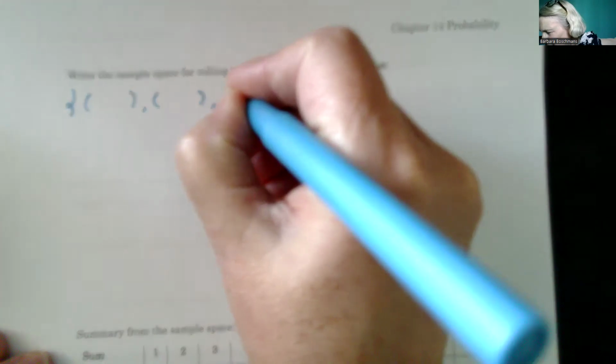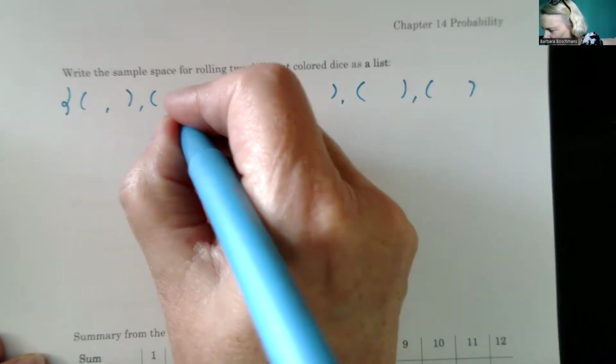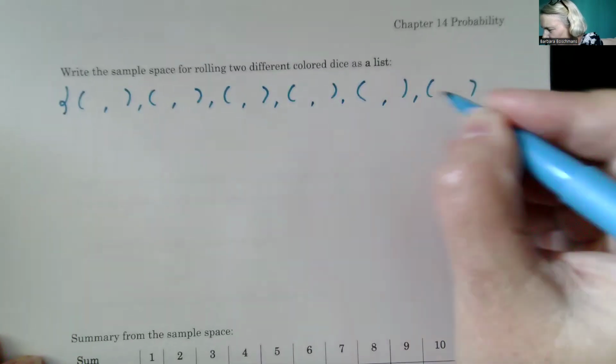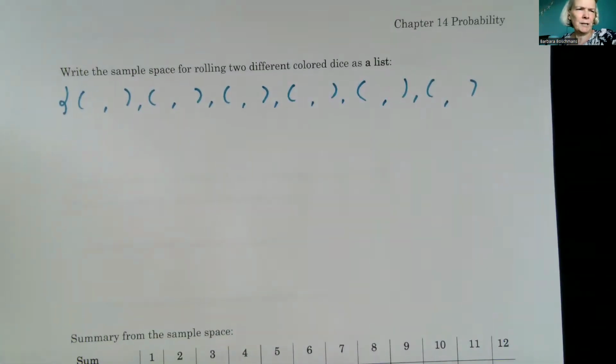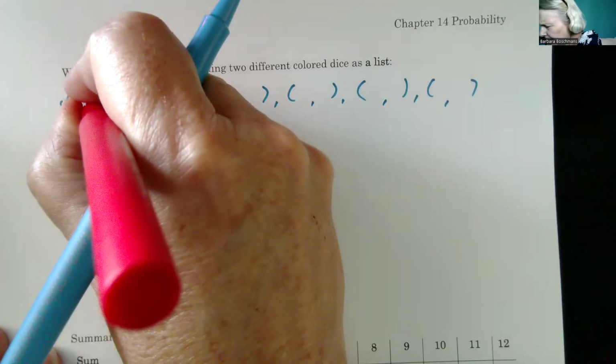And I'm going to start with the first row. 1, 2, 3, 4, 5, 6. And for each ordered pair, I'm going to use my red and green. So let's say I use red first and I roll a 1 on red.